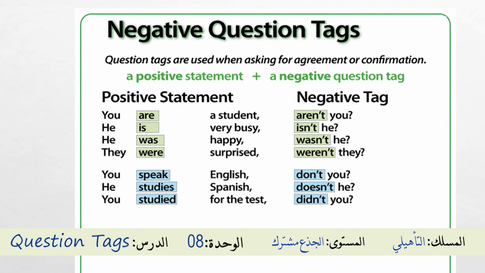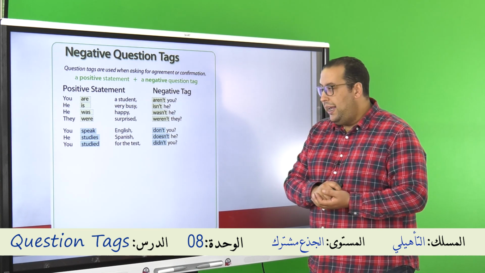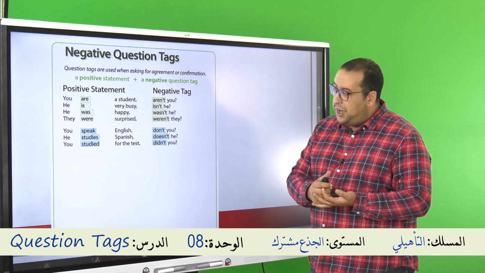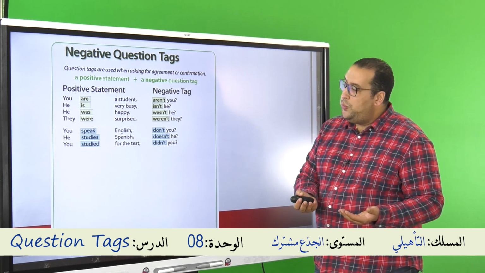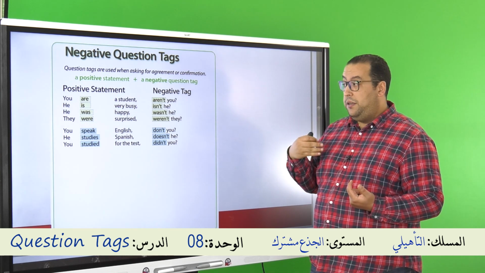And if the person is he or she or it, of course, we don't use don't, we use doesn't, which means does not, okay? So he studies Spanish, doesn't he? The next example, you studied, this is the past form of study.